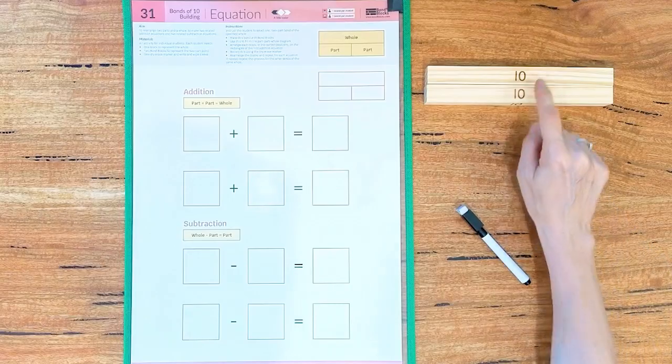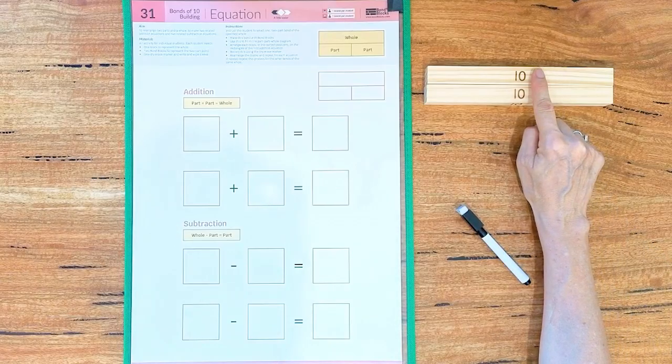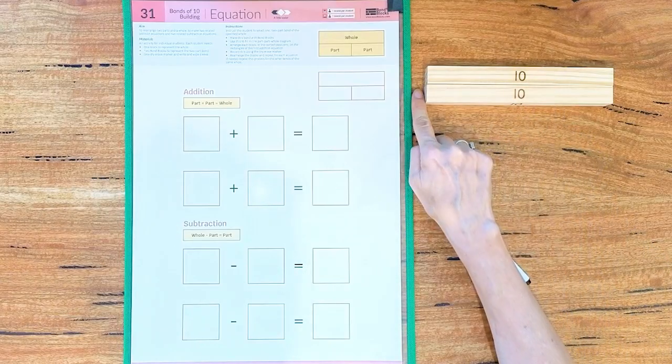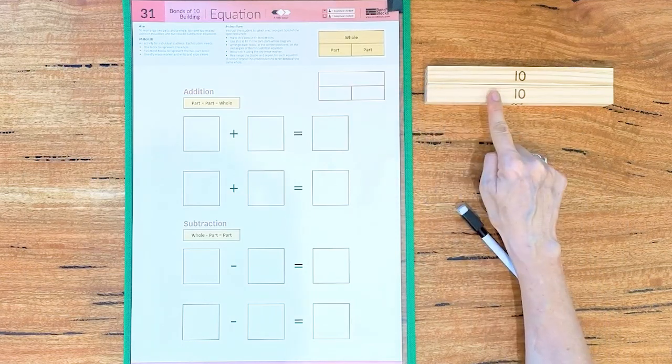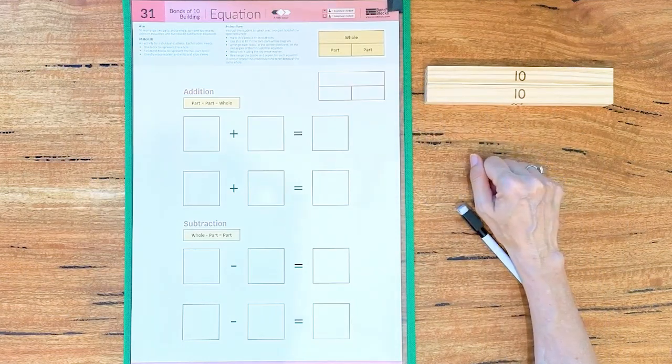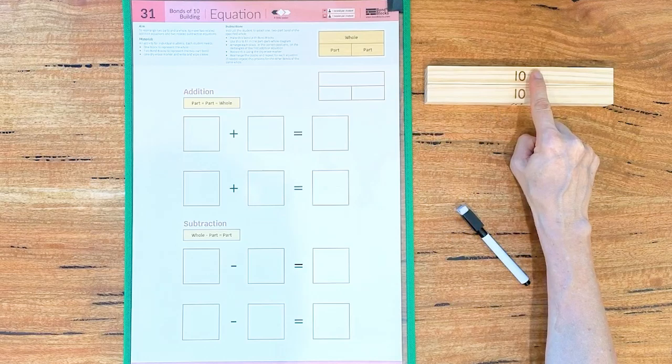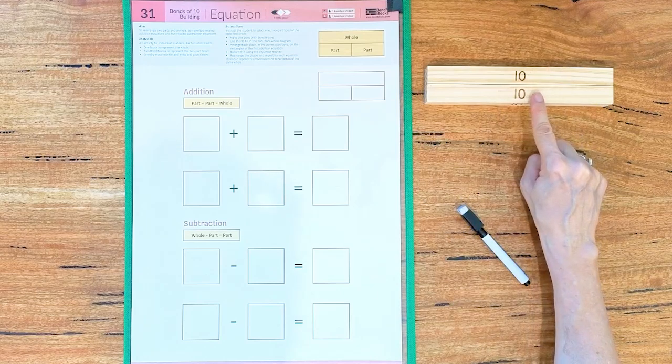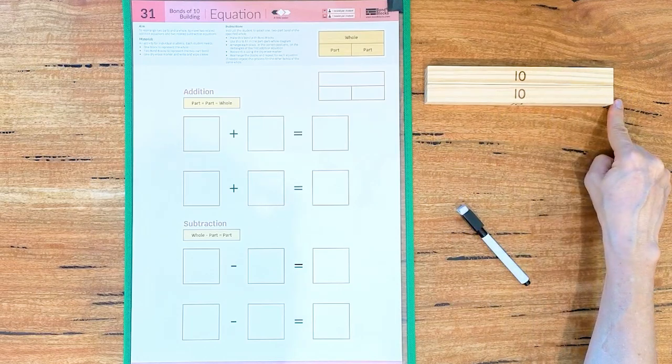I'm going to model the whole of 10 is equal to the part of 0 and 10. Or I could also point saying the whole of 10 is equal to the part of 10 and 0.